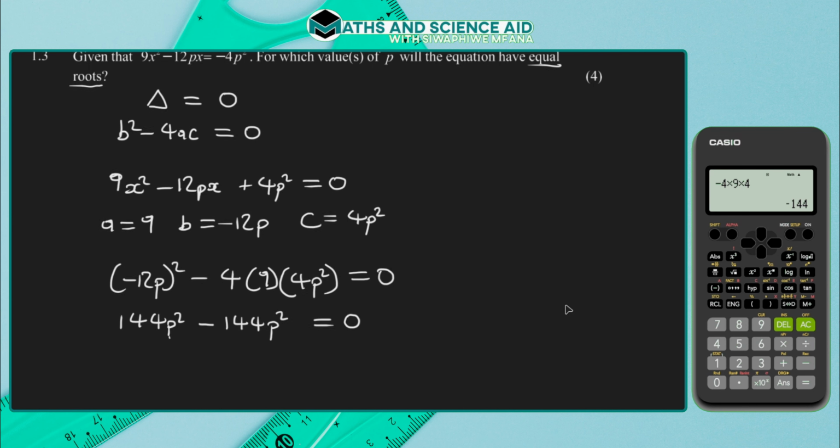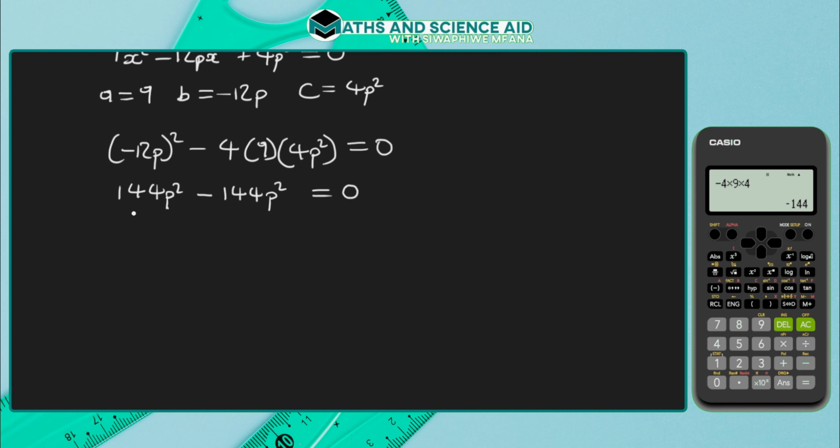Now, this looks interesting. Well, 144p squared minus 144p squared is just equal to 0. So 0 is equal to 0. You may be asking yourself what does this mean?